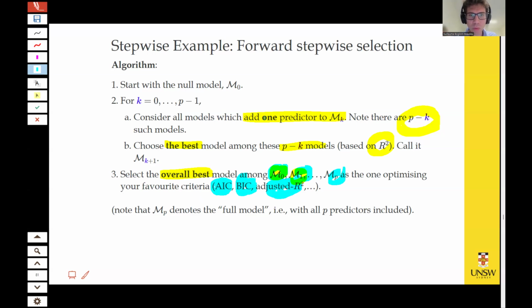In case it's not, what's happening here is we're not going to explore all the models, because we have a pretty important restriction: all we do in this step is add one variable, but the ones we've already picked stay there. They cannot be removed. That's the big restriction in this approach. Mp, as you guessed, is the full model, the one with all the predictors.